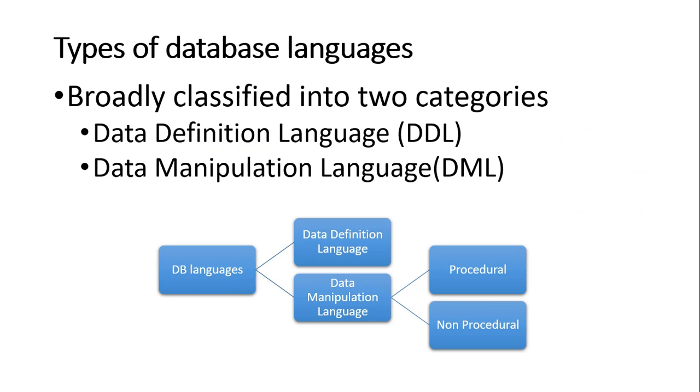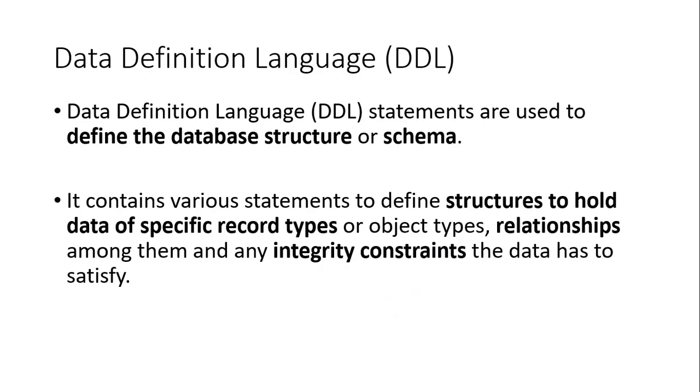We will see the details about data definition and data manipulation. So let's start with the data definition. So data definition language, in short called DDL, is used to define the structure or schema of the database. So we define how the database will look like, how many tables will be there, what is the structure of the table, how one table is related to the other.